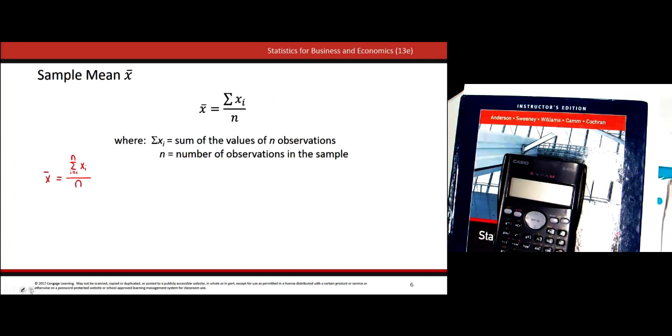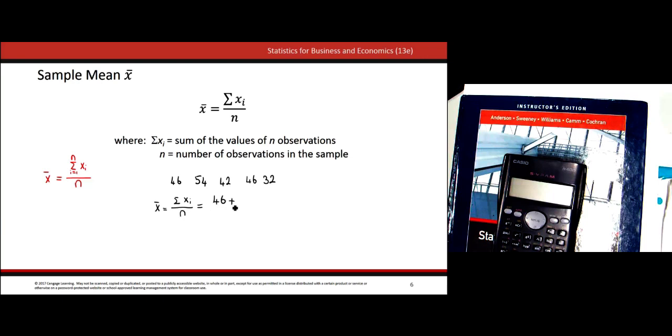For example, if we have class size data for a sample of 5 college classes: 46, 54, 42, 46, 32. Now for the x bar, these are the observations. The first observation x1, x2, x3, x4, x5. Then the sum of xi over n.